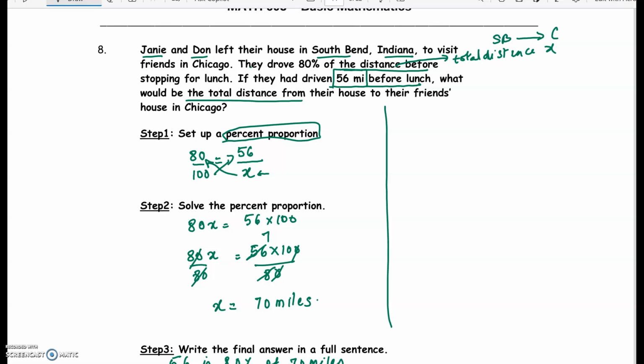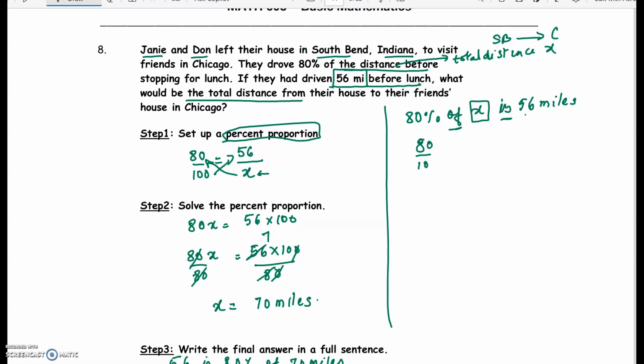Percent equation is, let's say, 80% of the total distance x is 56 miles, because what you drove is 80% and it's also 56 miles. So 80% of the total distance is 56 miles. So use this to set up the equation.